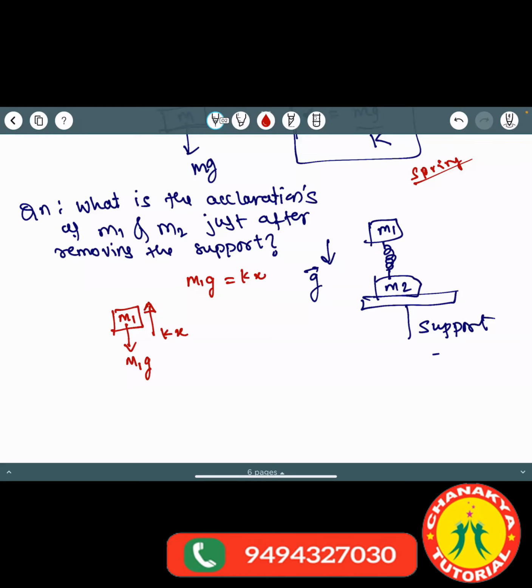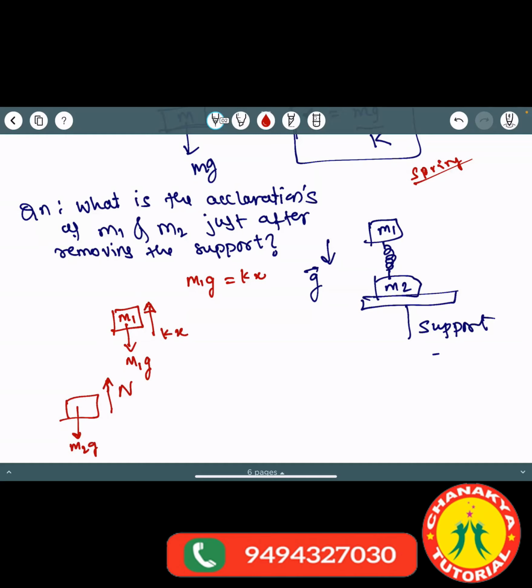It is simply resting. Now come to Samhita. Tell me. M2g downwards, sir. Then normal upwards. Then spring force. No, sir, I think that's it. Why? Spring force is not there? Sir, it's acting on M1.